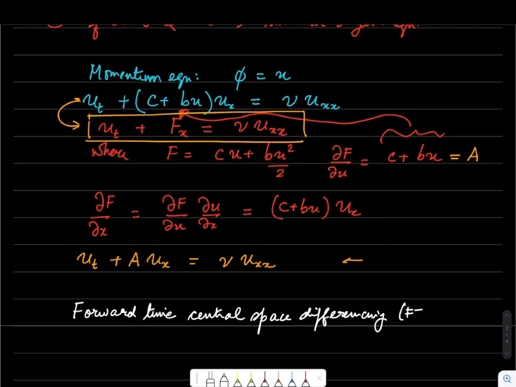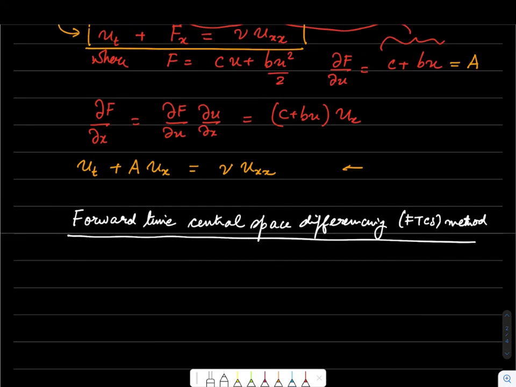So we'll call this the FTCS method applied to this equation. This is credited to Roache from 1972, and let's consider that a is only C, which basically means that B is 0.